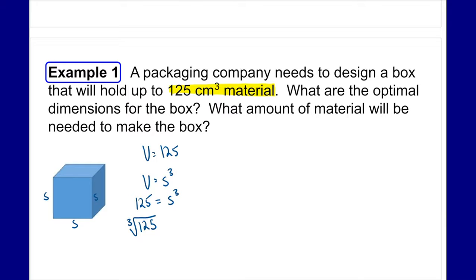So if we take the cube root of 125, we will get our side length, and in this case, it is 5. So we now know that the measurements for our cube are going to be 5 by 5 by 5.